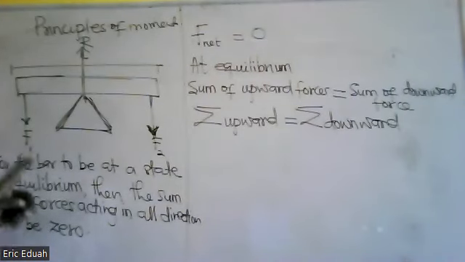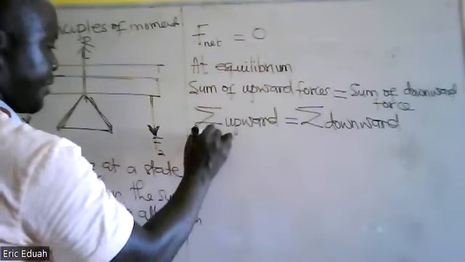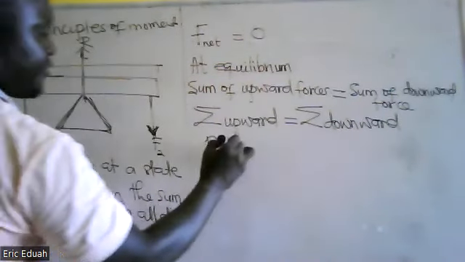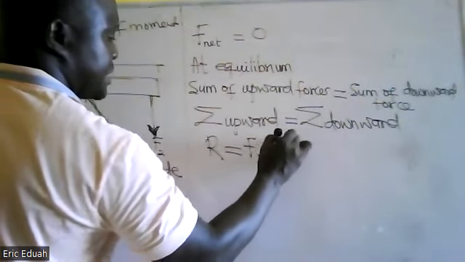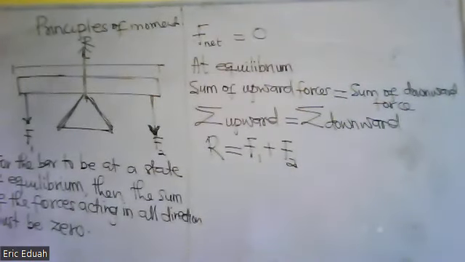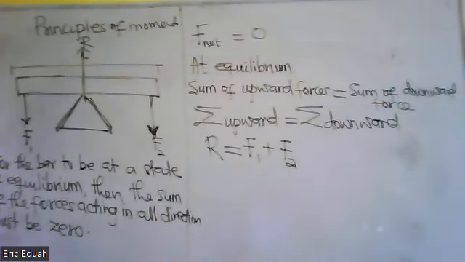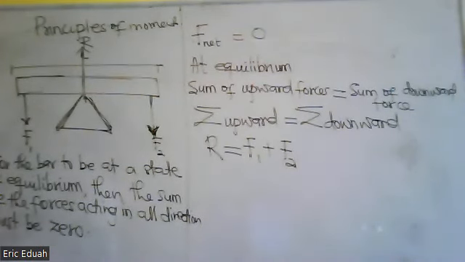So for equilibrium states to be obtained, R, which is the reactional force, must be equal to F1 plus F2. And this is the first principle of moment. This is the first principle of moment.